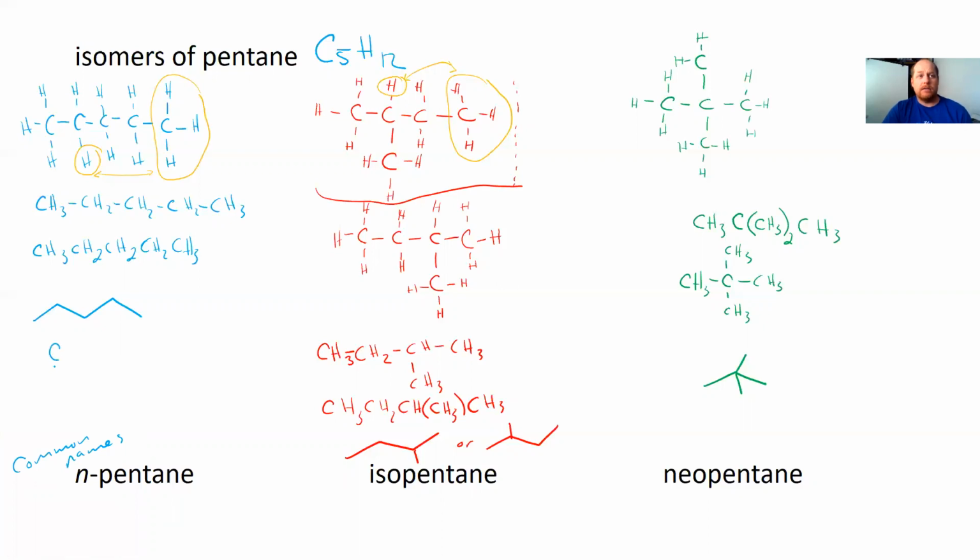I could have a carbon bonded to a carbon, bonded to a carbon, bonded to a carbon, bonded to a carbon. That is still considered a straight chain because, again, the Lewis structure itself doesn't show the shape. So I have to draw in my hydrogens, right? But the carbons themselves are all bonded, one carbon to the next, to the next, to the next. Okay, so this is going to be an equivalent structure to what we've drawn up top in that Lewis structure.